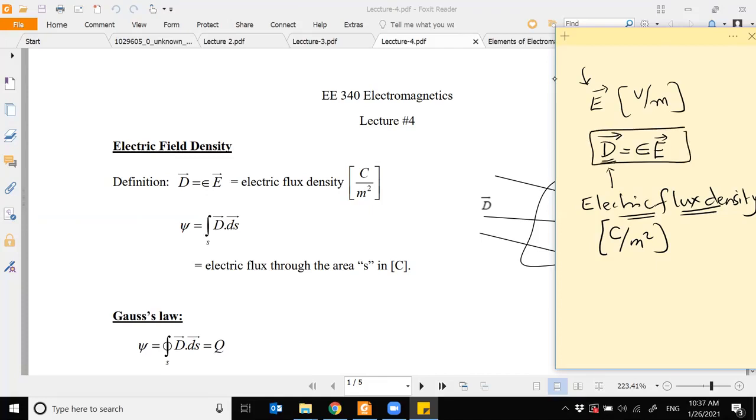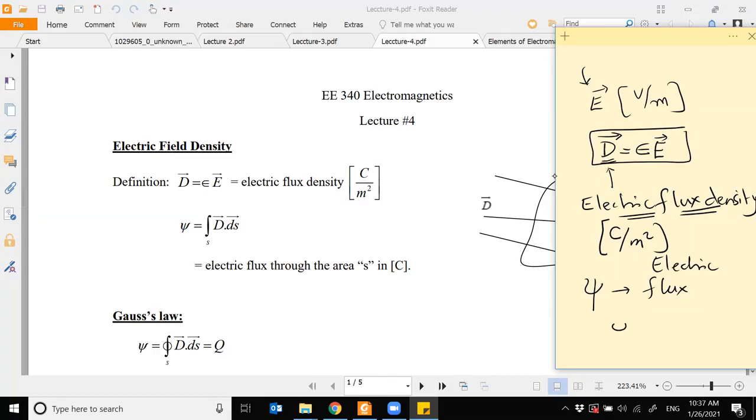Okay, then the next definition is phi, which is called flux. It's very common. It is used in mechanical engineering and also in electrical engineering. This is, in general, flux of something which is coming. Now in our case, since we are applying it to the electrostatic field, we call it electric flux.